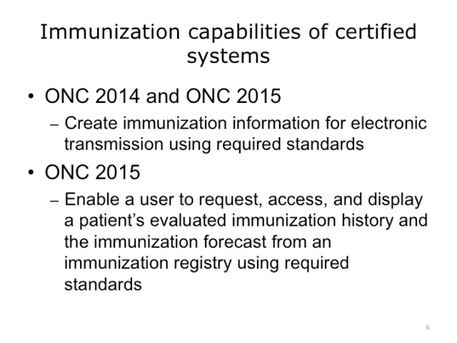Both include the capability for immunizations to be recorded on EHRs and then transmitted to a public health authority. ONC 2015 adds a new capability. It enables a user to request, access, and display a patient's evaluated immunization history and the immunization forecast from an immunization registry using required standards.